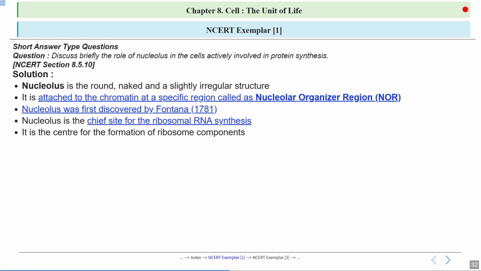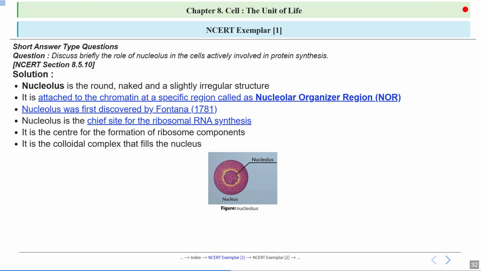So it is a center for the formation of ribosome components. It is the colloidal complex that fills the nucleus. Here you can see this is the image showing you the nucleus, and within the nucleus you have this nucleolus.